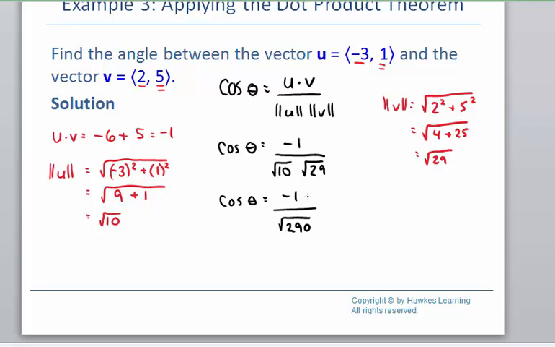And you should come up with 93, and if we're rounding to 1 decimal place, 93.4 degrees. Okay, and that would be the angle that lies between the two given vectors.